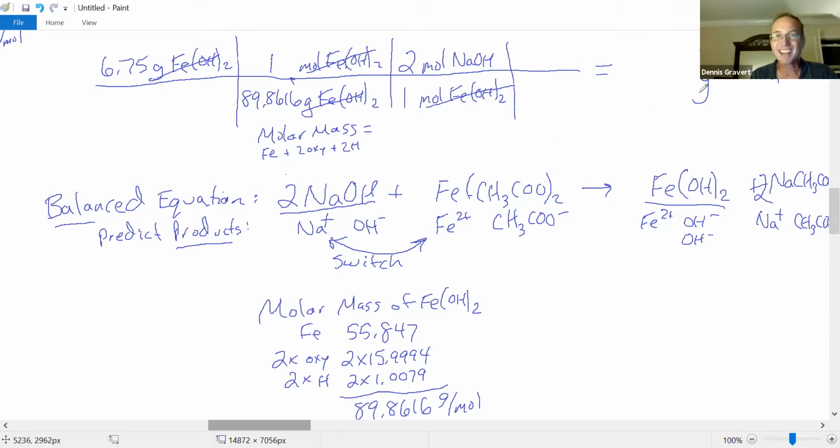And we're almost done. We got the right molecule, sodium hydroxide. We just need to cancel moles and get into grams. So cancel out the moles and get into grams of sodium hydroxide. This is molar mass again. Need the mass of a sodium, an oxygen, and a hydrogen, because those are the atoms in sodium hydroxide, and that's 22.9898.